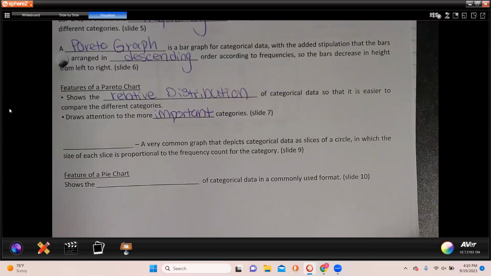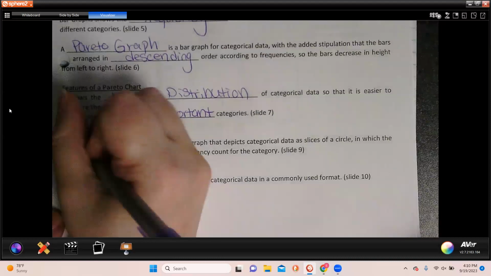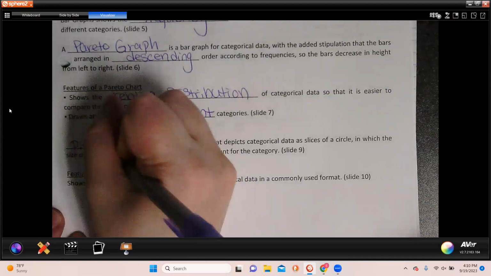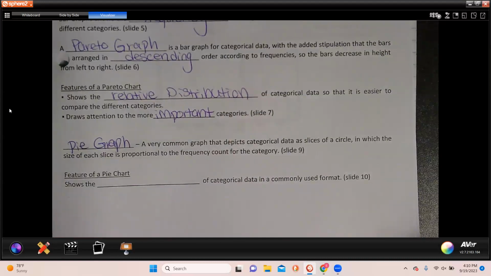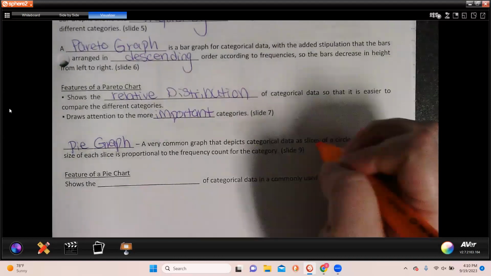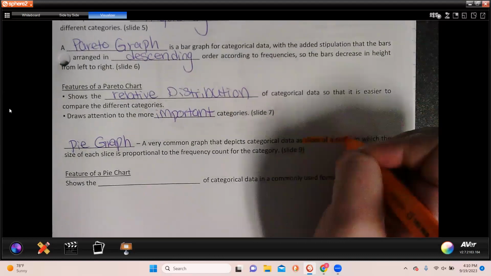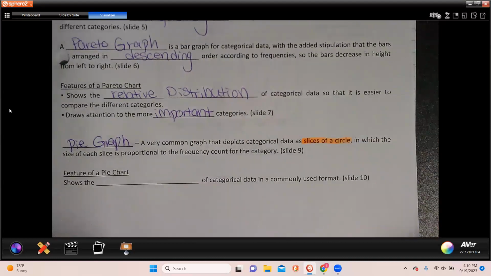All right, so now we're on to the next type of graph, which is a pie graph. A pie graph is a very common graph that depicts categorical data as slices of a circle, or slices of a pie, however you want to say that, in which the size of each slice is proportional to the frequency.